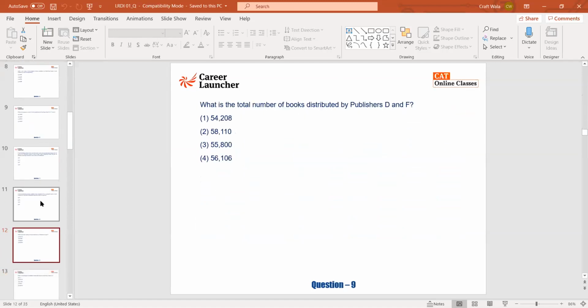Next, let's move to the ninth one. What is the total books distributed by D and F? What do you get for ninth? 56106. Okay. 10th. What is the average non-academic books by D, E, and F?